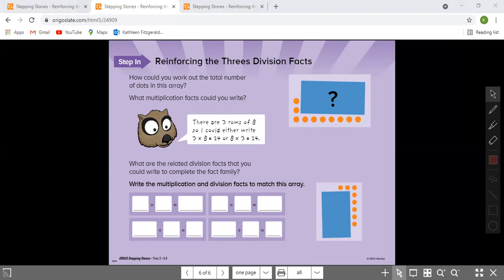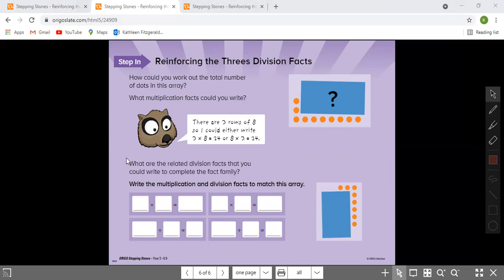Our next fact family is 8 times 3, and we know that 8 times 3 will give us the same result as 3 times 8. We're not losing any, we're just turning our array around the other way. We're turning it from this way going across to this way going down. 3 times 8 is 24.